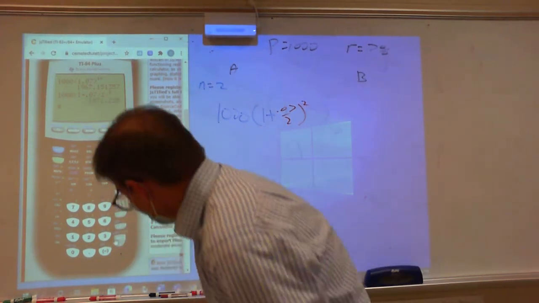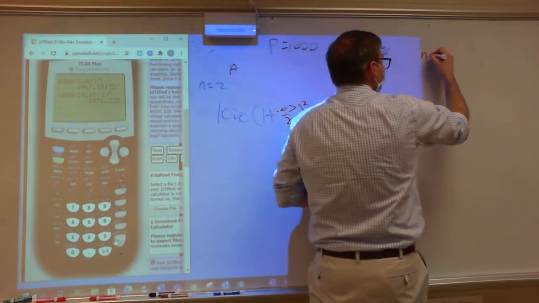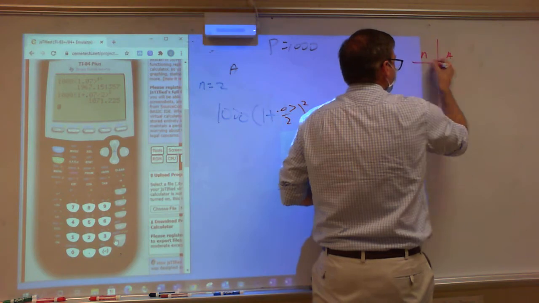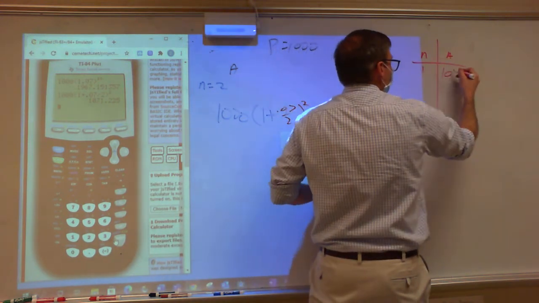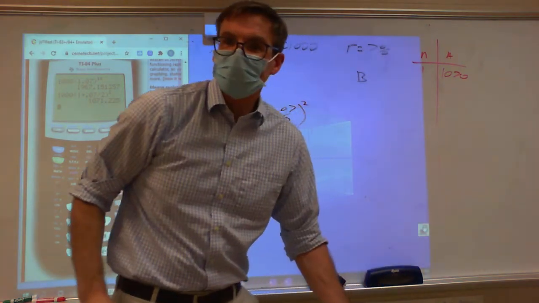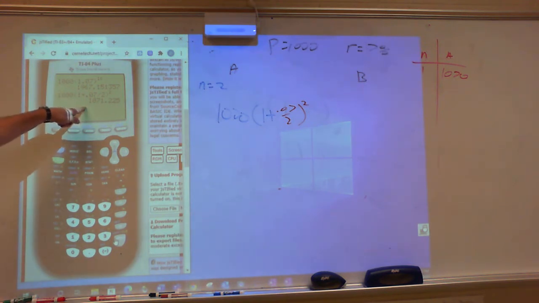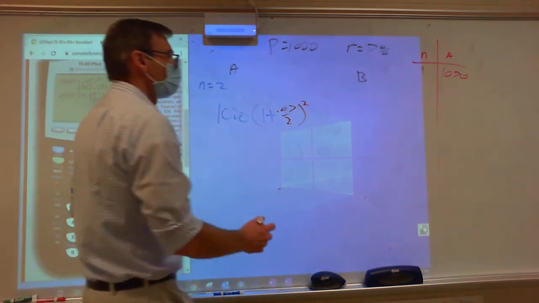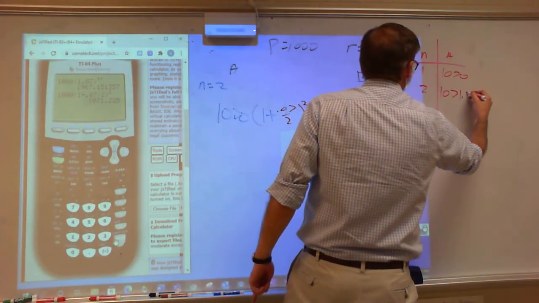And I should have a little chart of where we left things. When I compounded once a year, I got 1,070. When I compound twice a year, how much money do I have? Okay. So when I compound twice a year, I get 1,071 and 22 cents.